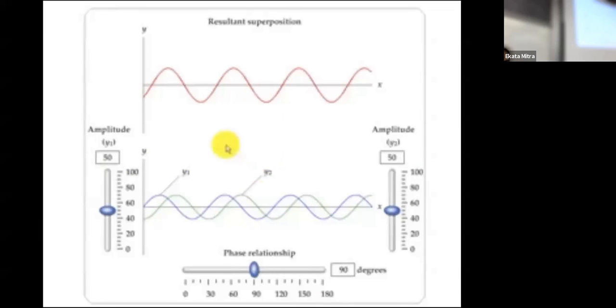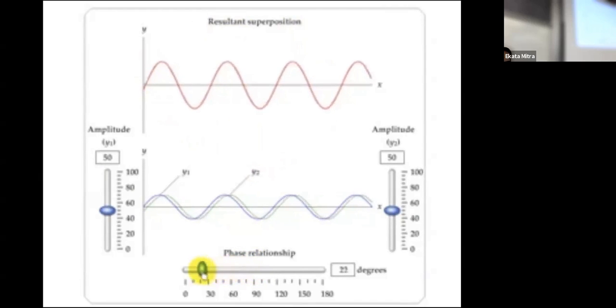The picture above shows us what the two waves look like when they're added together. Let's see what happens when we change the relationship between these waves. If I move the waves so that they are in phase, the amplitude of the resultant wave increases. So now the amplitude is very large.